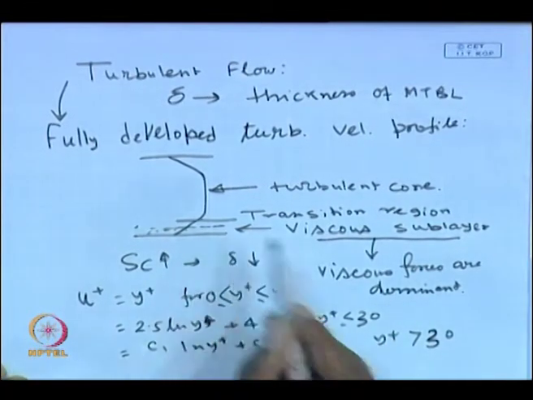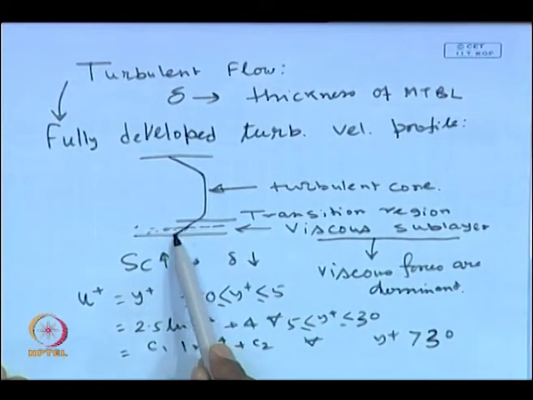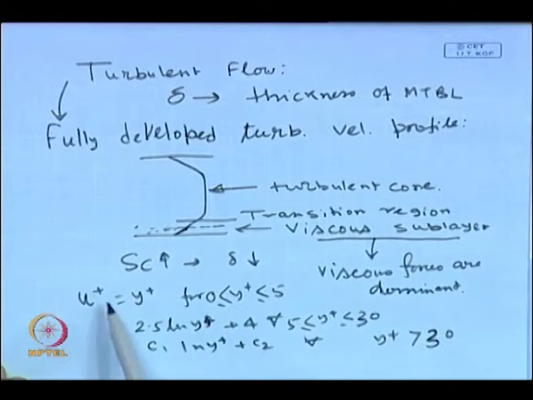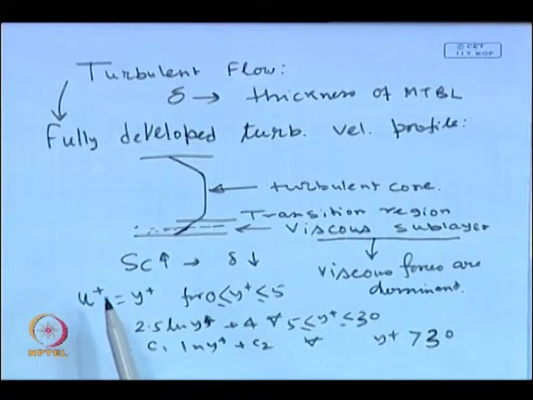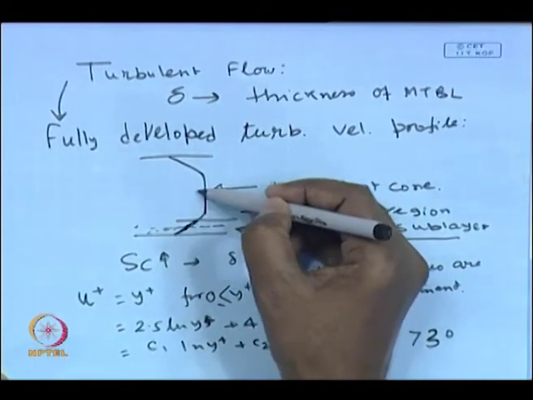That means this profile is linear within the viscous sublayer. U plus is equal to y plus, all these are non-dimensional, I will come to those non-dimensional terms. U plus is equal to y plus for y plus 0 to 5, from the wall to a particular distance, that is the viscous sublayer. Then it is 2.5 ln y plus 4, and beyond that it is the turbulent core.